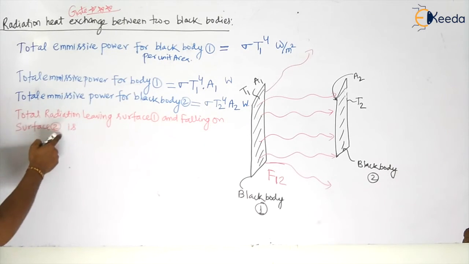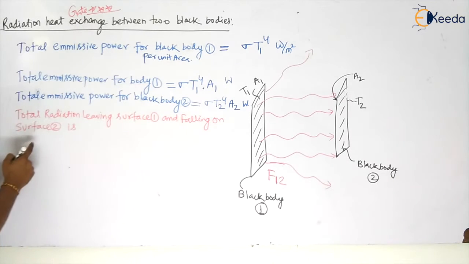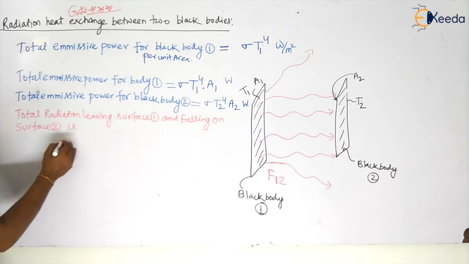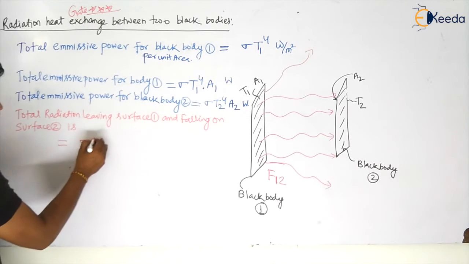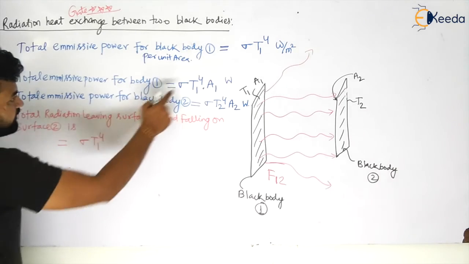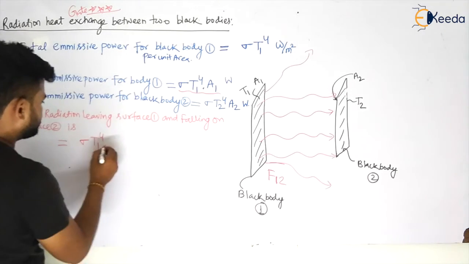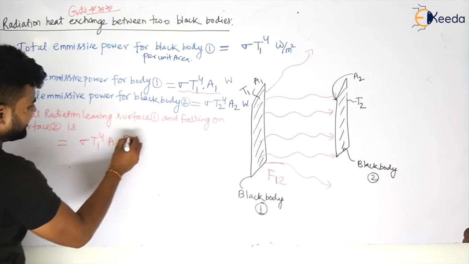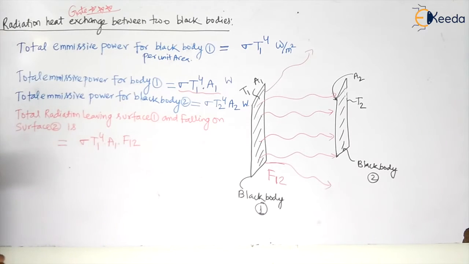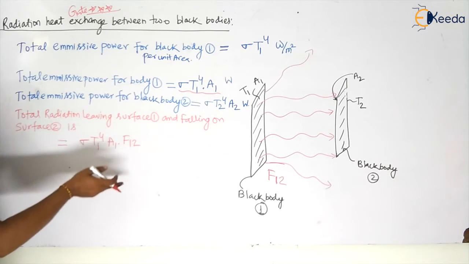Let us take it. This will be given by some shape factor you have to multiply. So this will be equal to sigma T1 to the power 4, leaving 1. So total radiation leaving 1 is this into A1 multiplied by F12, my dear students. So that is the total radiation which is leaving 1 and falling on 2.